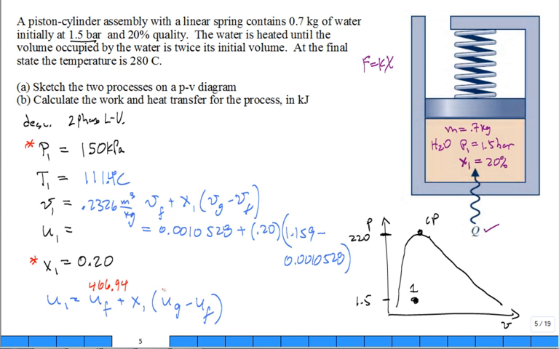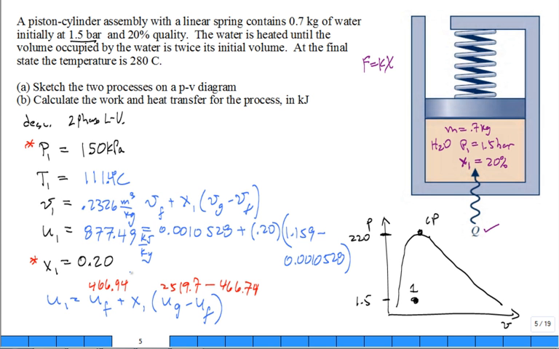U sub G, 2509.7, minus 466.94. Hence, I get a value of U sub 1 when I crunch it away. It's 877.49 kilojoules per kilogram.